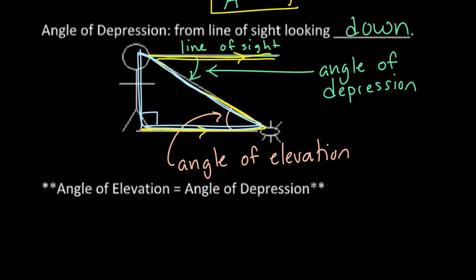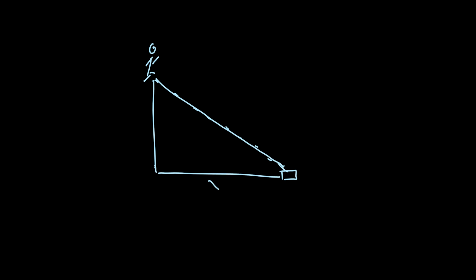Does that make sense? For the most part. So for instance, if they give you a problem, like say, I'm standing on a cliff, and I throw my math book over the edge, and it lands there, right? And it says that we want to know how far the book lands from the edge of the cliff. Then it says the cliff is 20 feet tall. And then it says the angle of depression is 40 degrees.